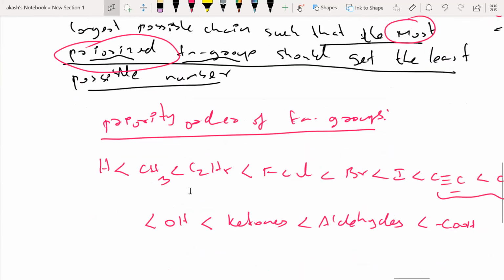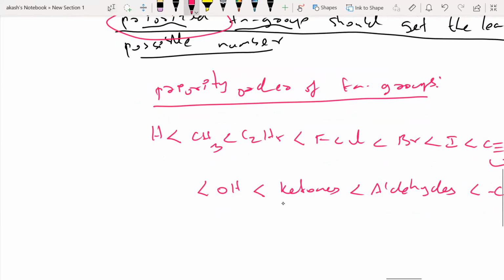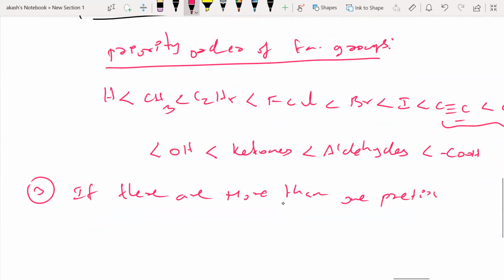Third and final point in the IUPAC naming is that if there are more than one prefix, we don't know what a prefix is yet, don't worry about it, or secondary suffix, we don't know what a suffix is first of all.